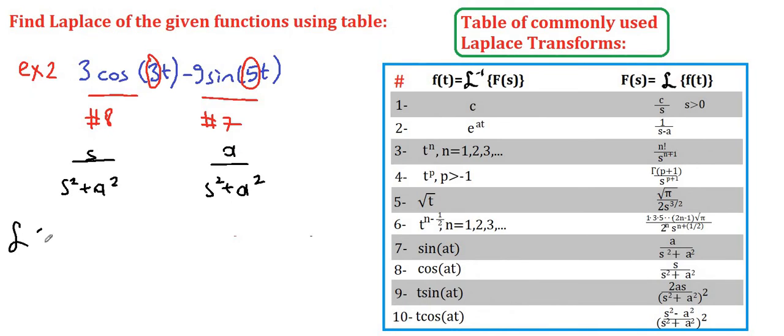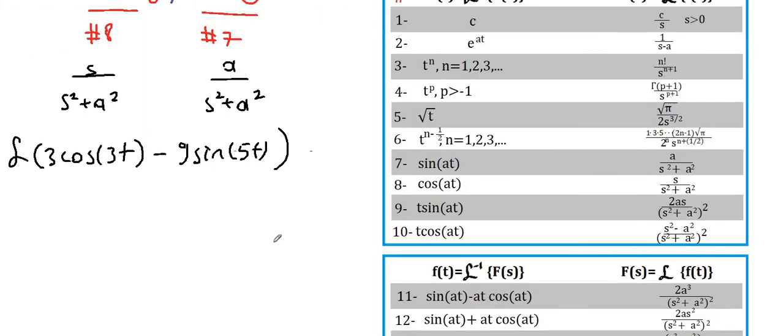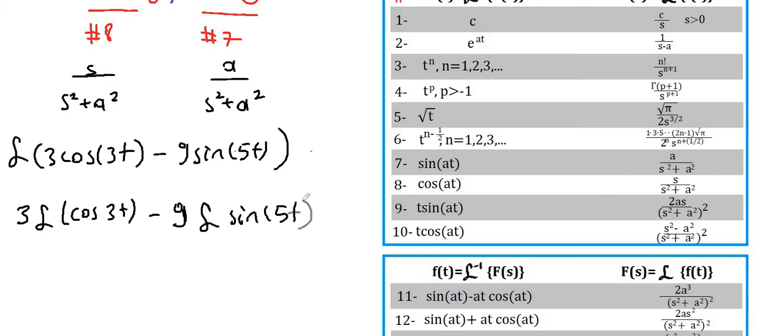So Laplace of 3 cosine of 3t minus 9 sine of 5t. We can separate the terms and take the coefficients out: 3 Laplace of cosine of 3t minus 9 Laplace of sine of 5t.